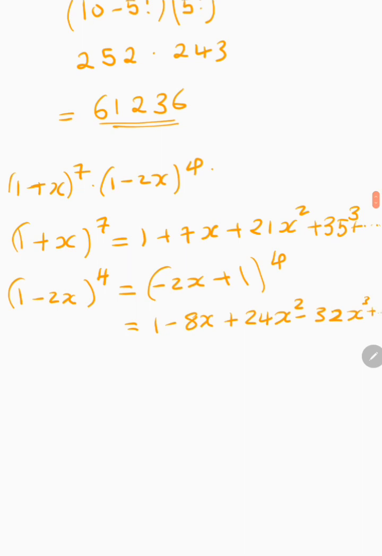It keeps on going up to the last term x to the power 4, but you don't need it since you're interested in the x to the power 3 term.